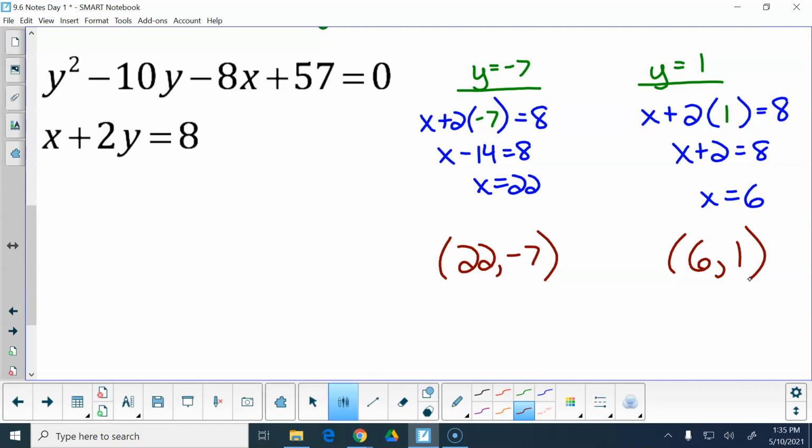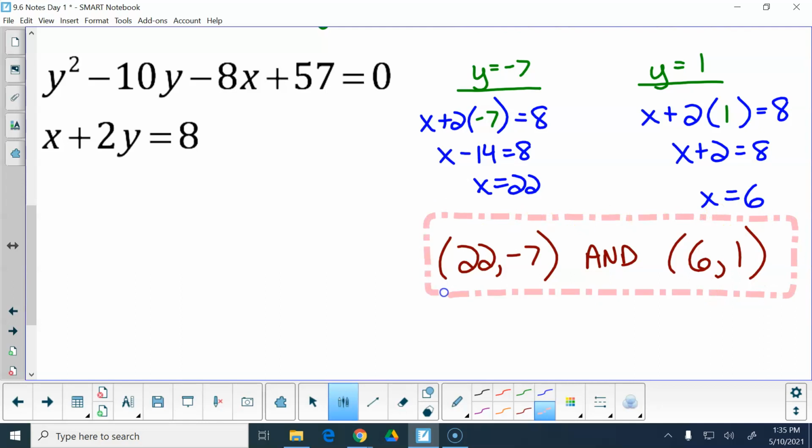Plus 57 is 176. Minus 176 is 0. Checks out. Shabam. There we go.